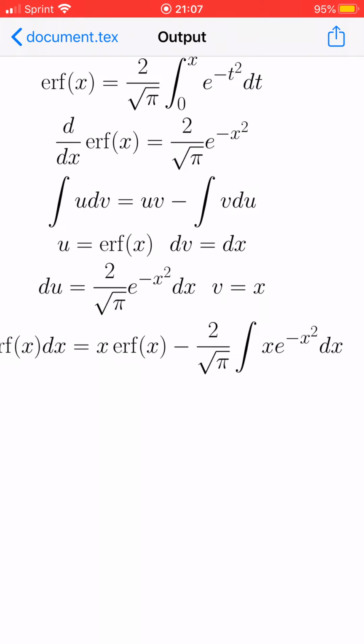If we substitute y equals x squared, then dy equals 2x dx, and then we would get the integral of e to the negative, wait, hold on, the easier way is if we substitute y equals negative x squared, then dy equals negative 2x dx, and then we would get the integral of e to y dy.